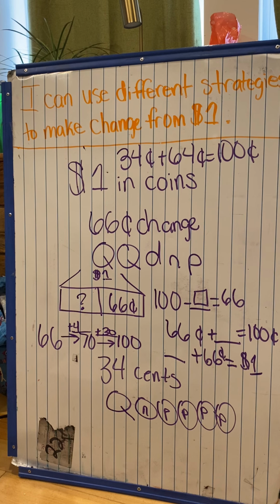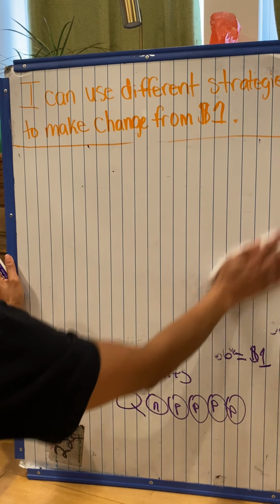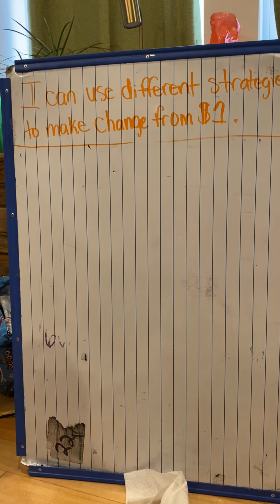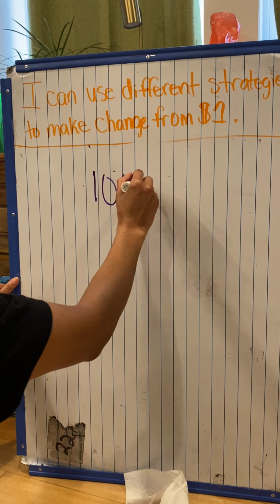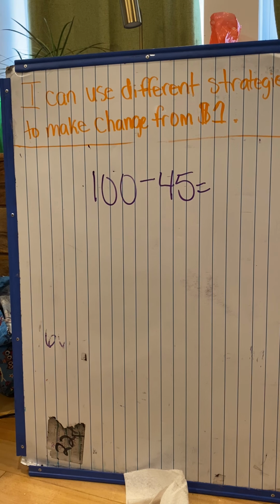Awesome. I think you're ready to work on a few problems on your own. So I want you to try 100 minus 45. See how much change you will get back if you spent 45 cents.